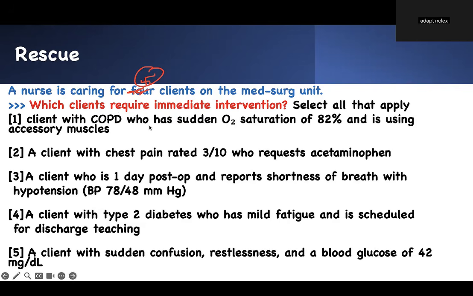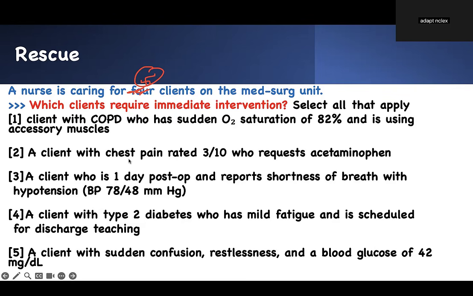A client with COPD, sudden oxygen saturation of 82, all of a sudden dropping, and he's using accessory muscles. What do you think? Do you have time with that patient? That's BESHARP. If you use BESHARP, you can see this is a breathing issue. Do you have time with this patient? I don't know. It's a sudden onset of desaturation.